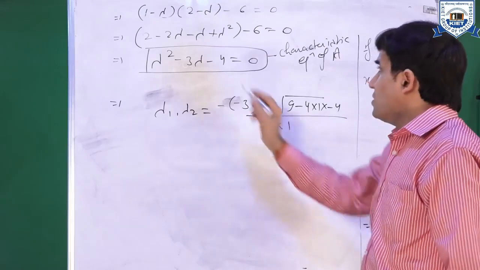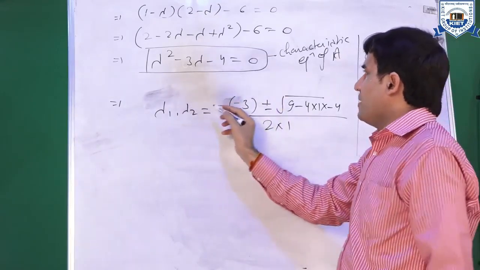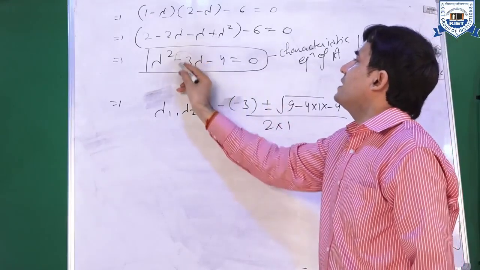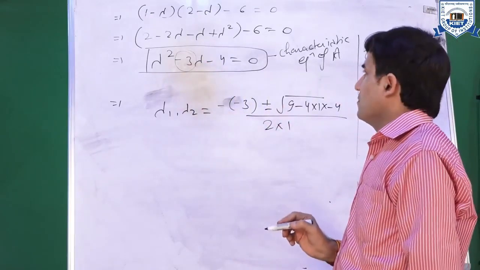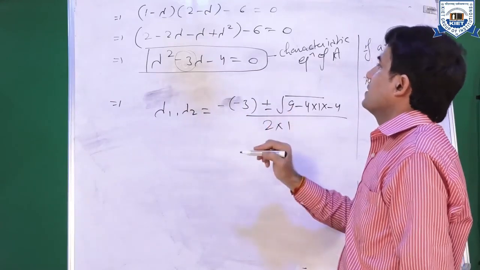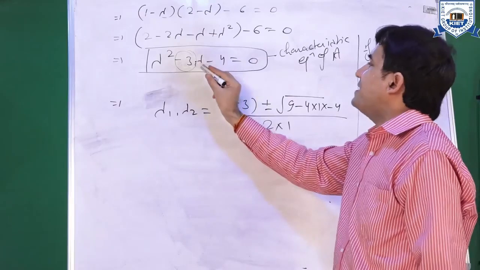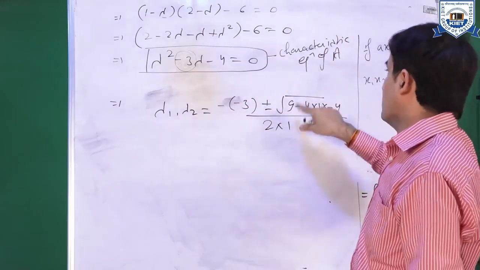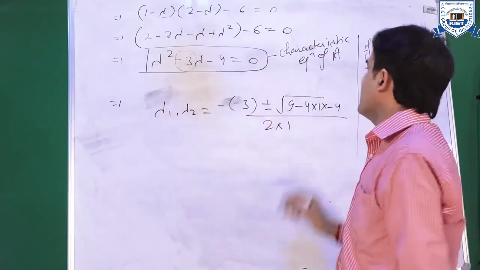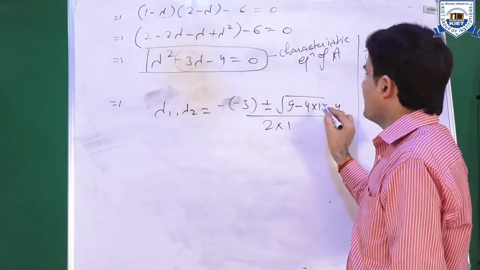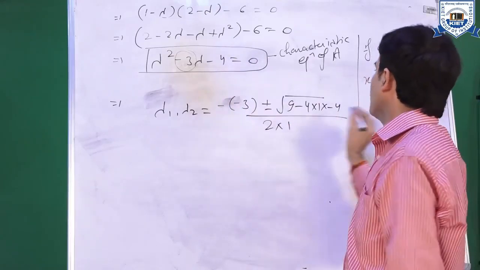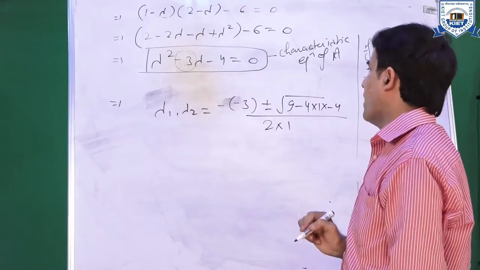So the roots of this equation will be lambda 1, lambda 2 is equal to minus b, here b is minus 3, so minus into minus 3, plus minus under root b square, that is minus 3 whole square, 9, minus 4 into a, here a is 1, into c, c is minus 4, upon 2 into 1.